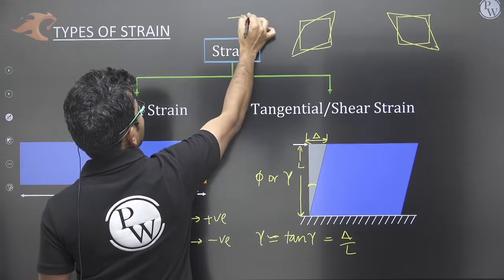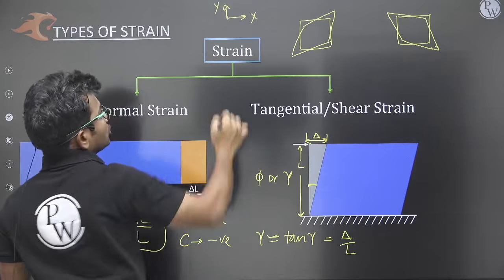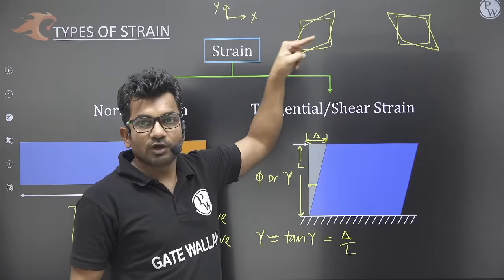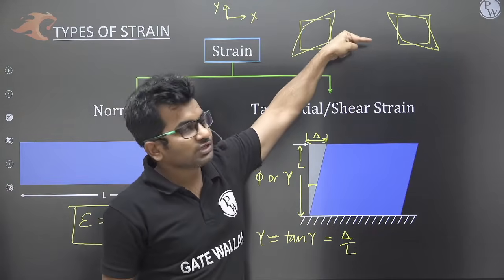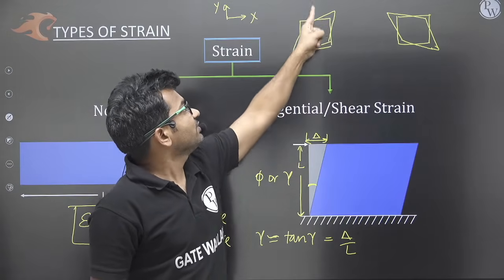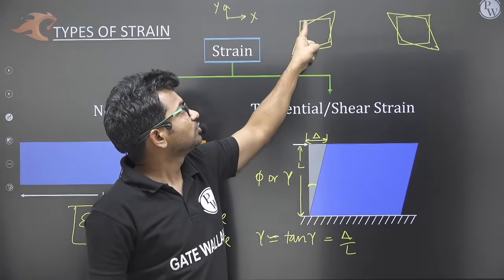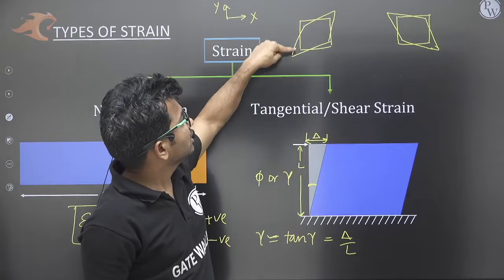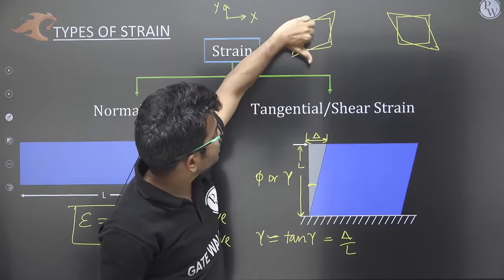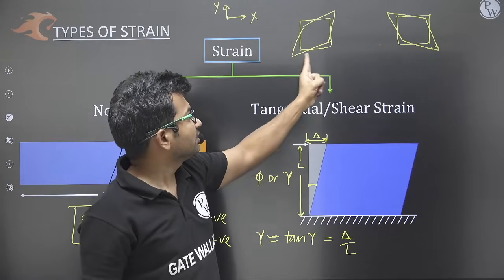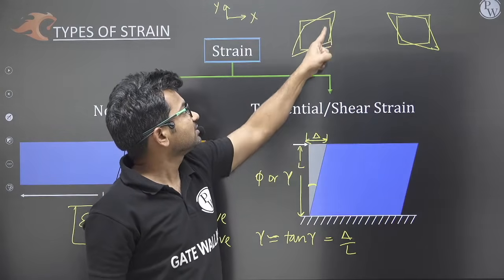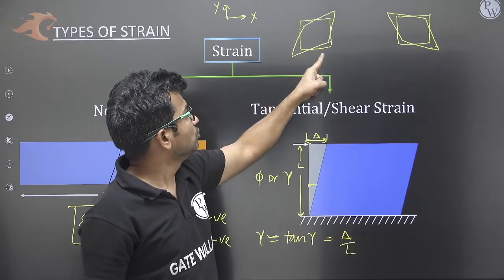If we take the x direction here and the y direction here, just look at the perpendicular to that face. If the perpendicular to that face is going in the positive x direction, then this face is called the positive x face. The perpendicular to this face is going in the positive y direction, so this is the positive y face. The perpendicular to this face is going in the negative x direction, this is called the negative x face. And the perpendicular to this face is going in the negative y direction, so this face is called the negative y face. So these are the two positive faces, and these are the two negative faces.